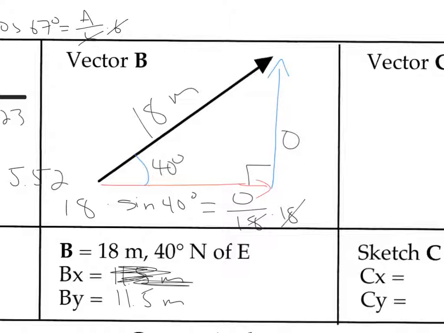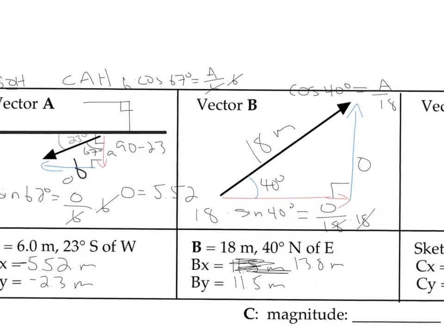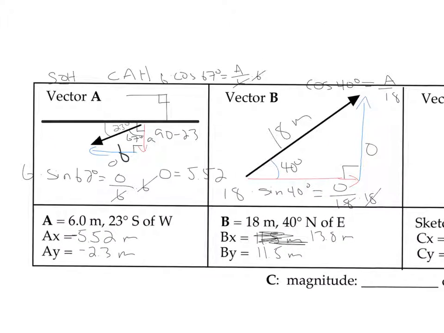And then, of course, we want to find BX. We want to find this side, so that's the adjacent side, so we'll use cosine of 40 equals adjacent over 18. And when we solve that for the adjacent side, which is this side of the triangle, we get 13.8 meters. Okay, so now I've got my two x components for my two triangles, right?